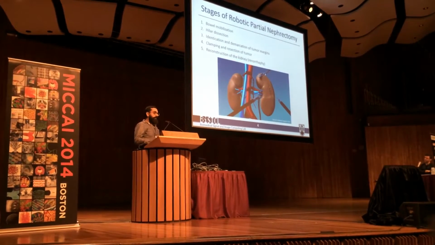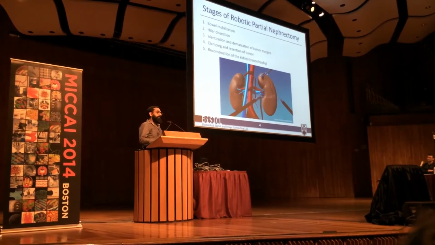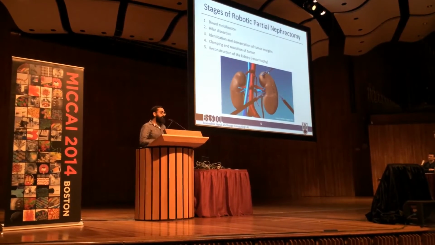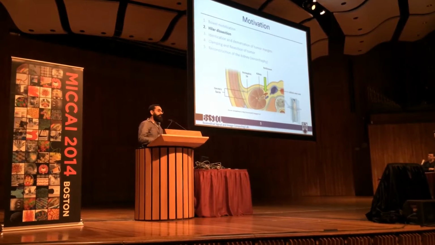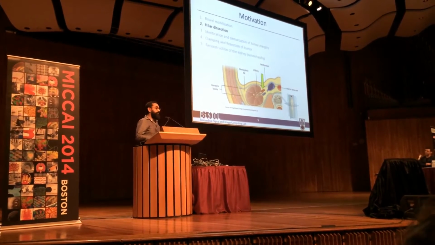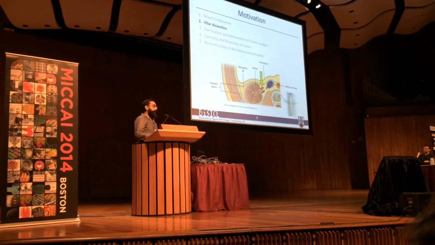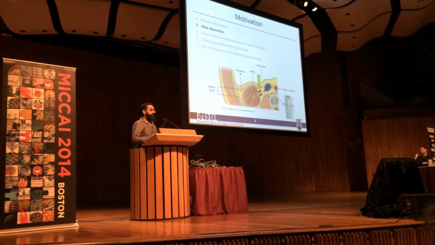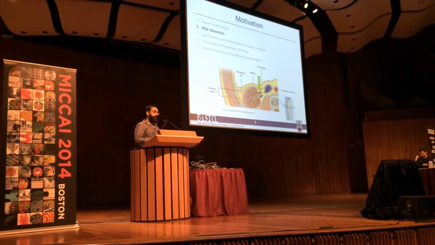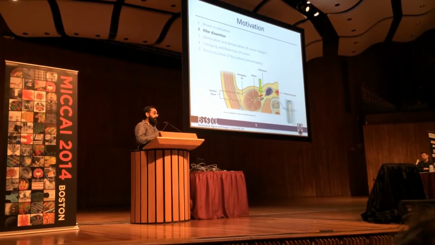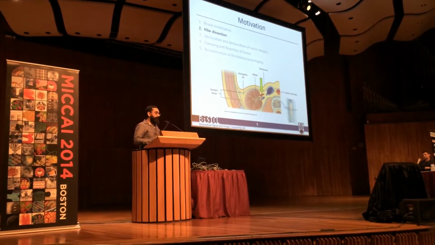Now, all these 5 stages pose great challenges and ample research opportunity for the MICCAI community, but for us, the second stage, hilar dissection, stood out as a very challenging, daunting, and time-consuming stage of the operation. If all of the blood vessels flowing into and out of the kidney are not located and prepared to be later clamped before the resection, intraoperative bleeding will occur.